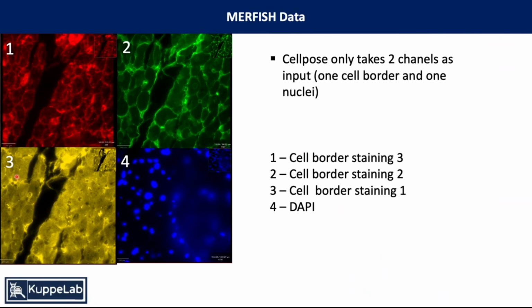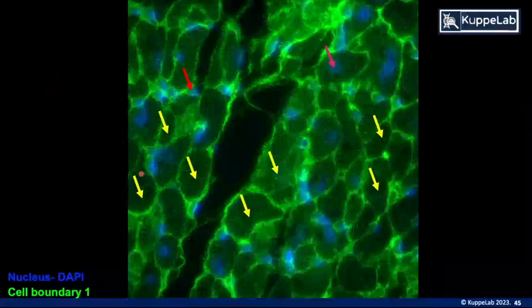This staining here is in our hands for this tissue type not as informative, but this cell border staining kit developed by Vizgen is actually targeting lots of tissue situations, so not only the human heart, but also tissues like intestine or spleen. We haven't tested all of them, and I guess, depending on the tissue type, different stainings will be more informative than others.